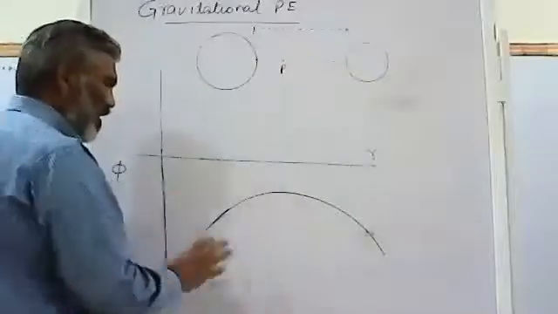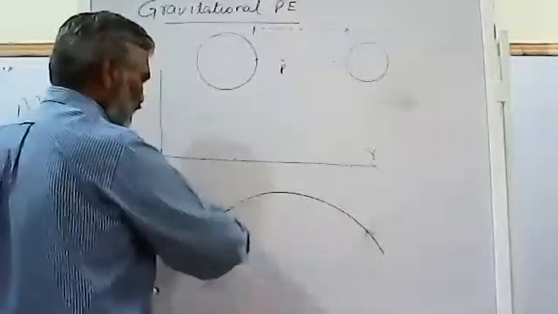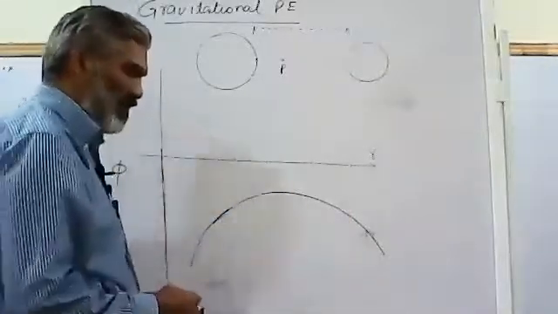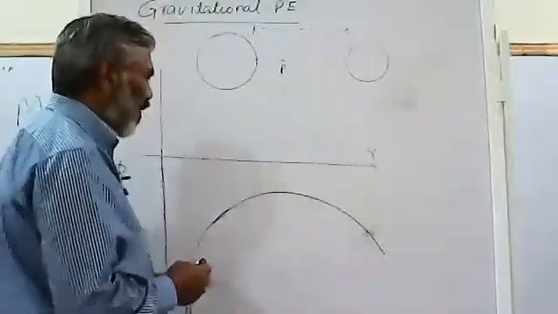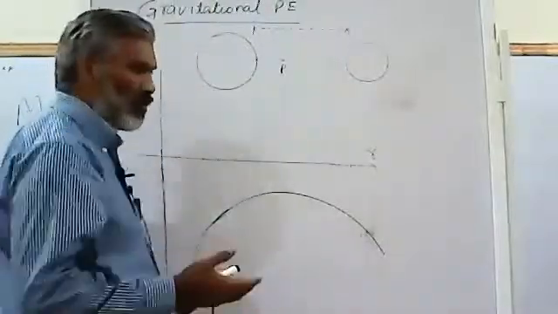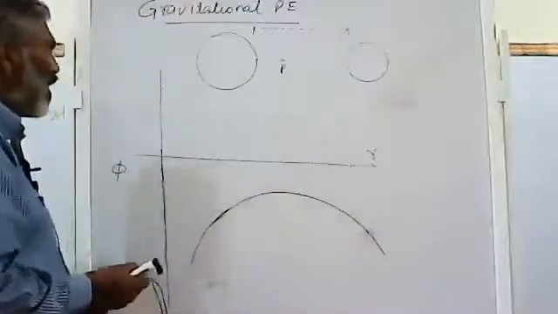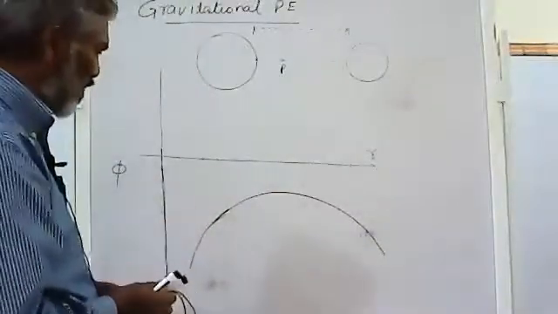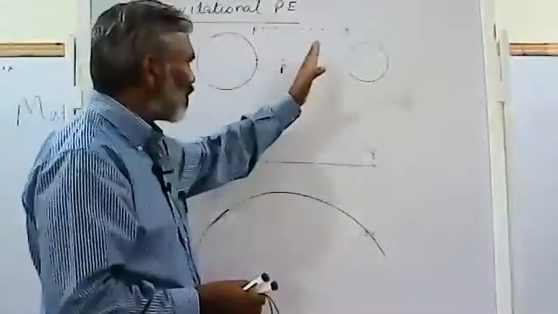This curve is given, and you will remember that this curve is always representing the variation of gravitational potential or potential energy of any mass whose values may be given or may be calculated from the given information if that mass is moved from this to this position.